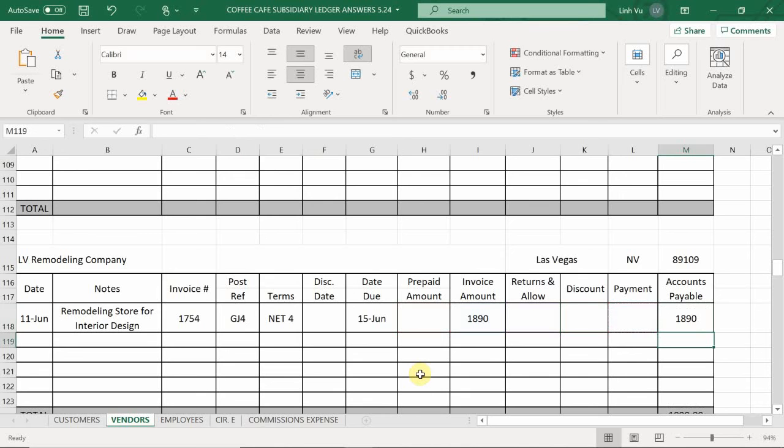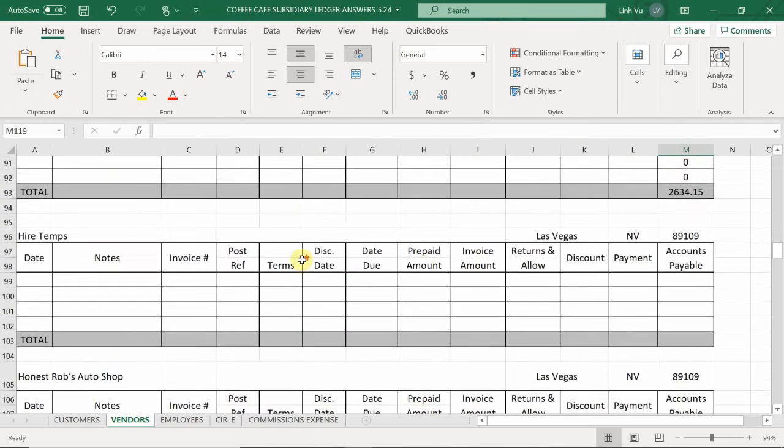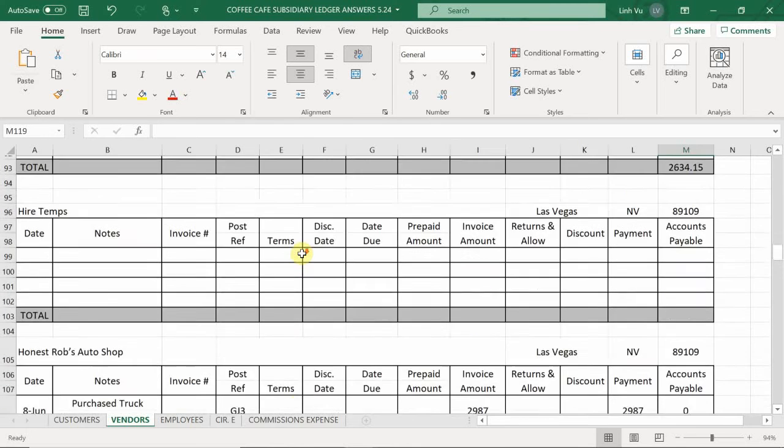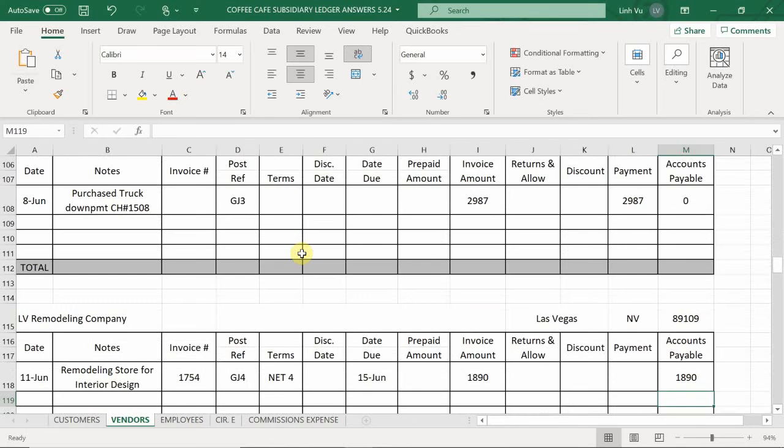Now this formula right here, where I'm telling you to take the invoice and then subtract everything, you can go ahead and apply to every single vendor that you see here. That formula is going to stay the same, and I'm just reiterating it every single time so you guys can understand.